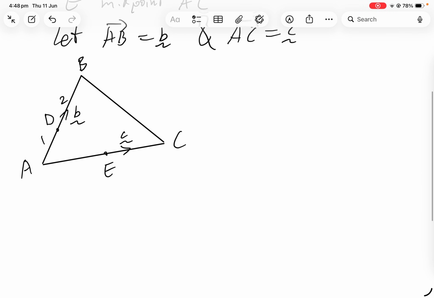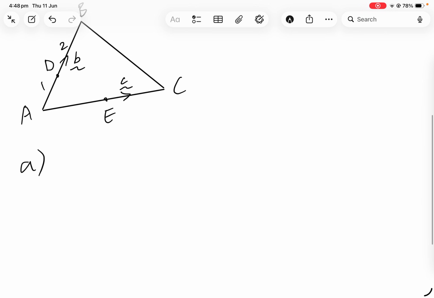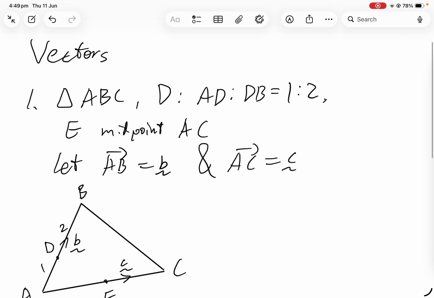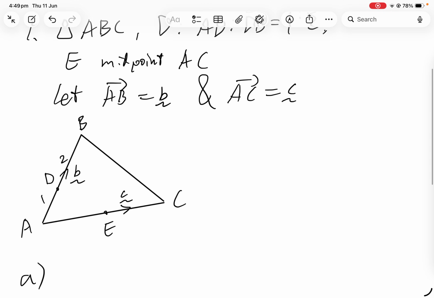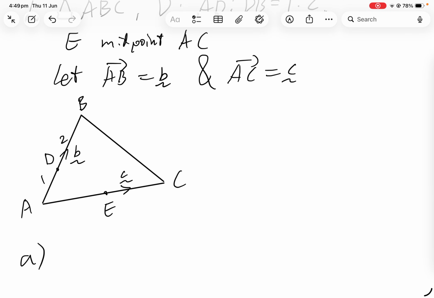C. Okay. And the first part asked us that by assuming P lies on the segment BE, wait, oh, we missed a part of the question. It says the line segments CD and BE intersect at the internal point P. Okay, let's draw CD.